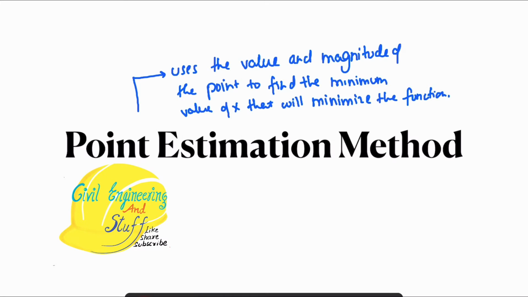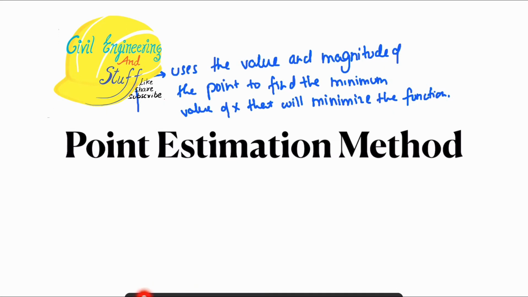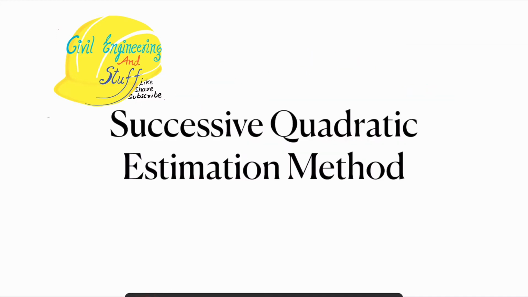So in the point estimation method, we use the value and the magnitude of the function, which helps us give a more accurate result. One of the techniques that we are going to discuss in the point estimation method is the successive quadratic estimation method. So let's discuss the successive quadratic estimation method.